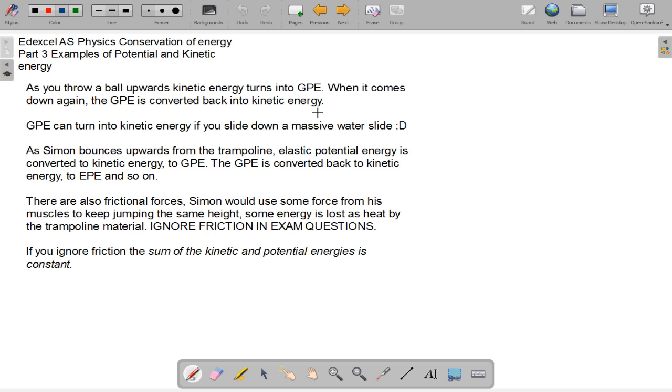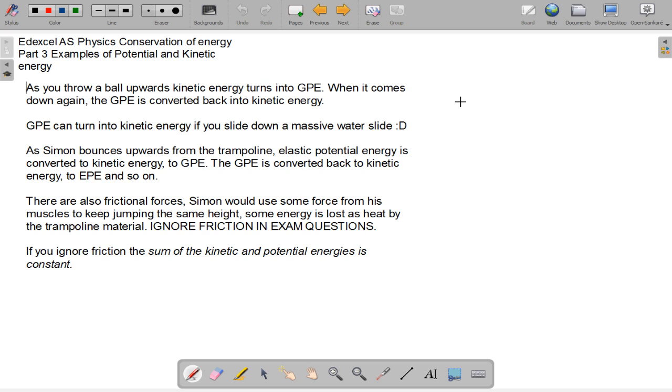And if you bounce upwards from a trampoline, elastic potential energy is converted to kinetic energy, then gravitational potential energy, and as you come back down, the gravitational potential is converted back into kinetic, and then to elastic potential, and it keeps going on like that.